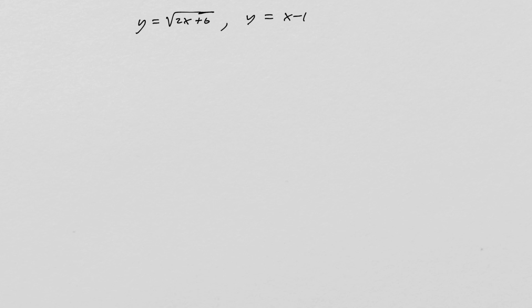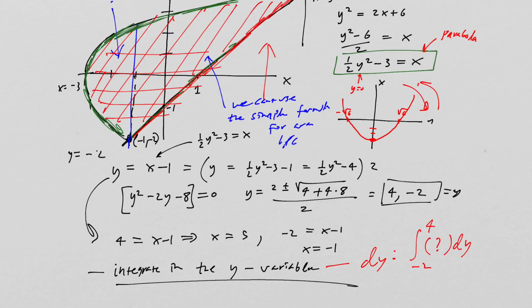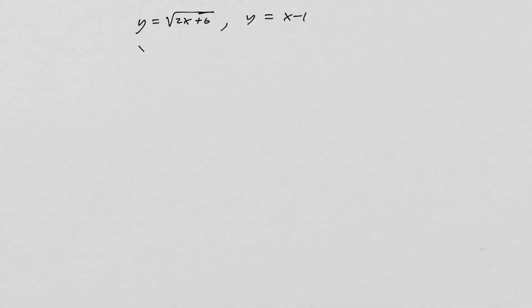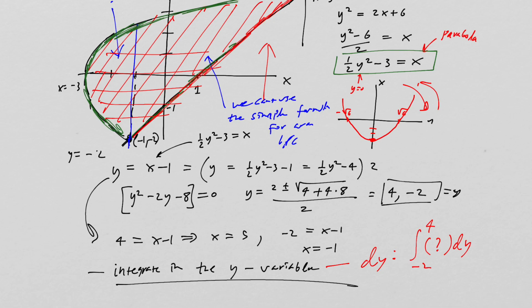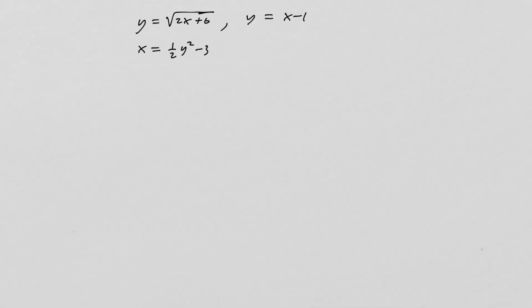So we need actually those other functions. Let me go back and get them. It's going to be x is equal to 1/2 y squared minus 3, right? And now we can get this here to be x is equal to y plus 1.